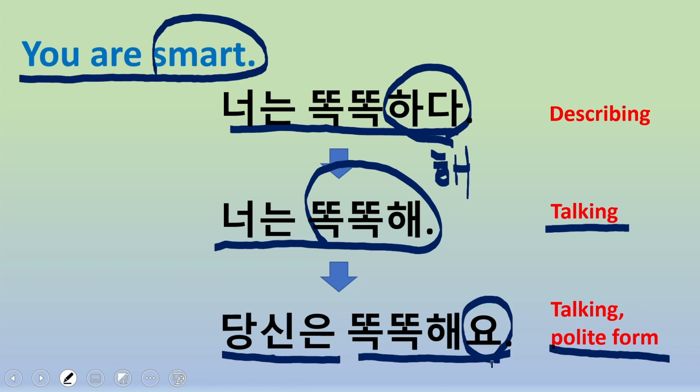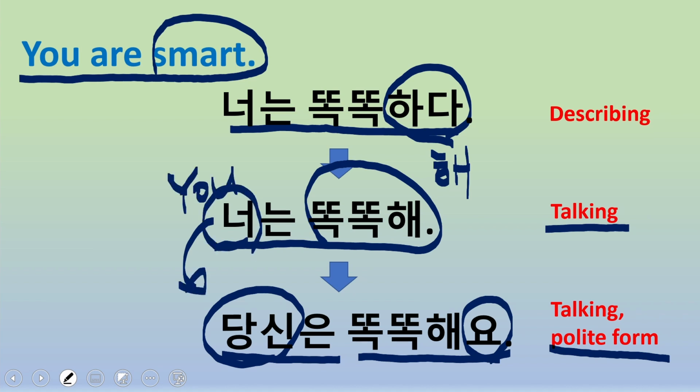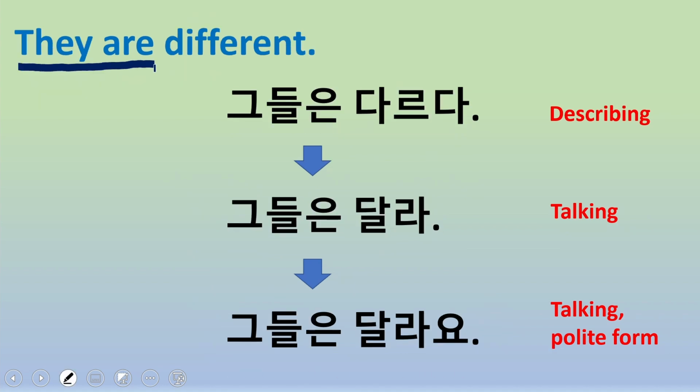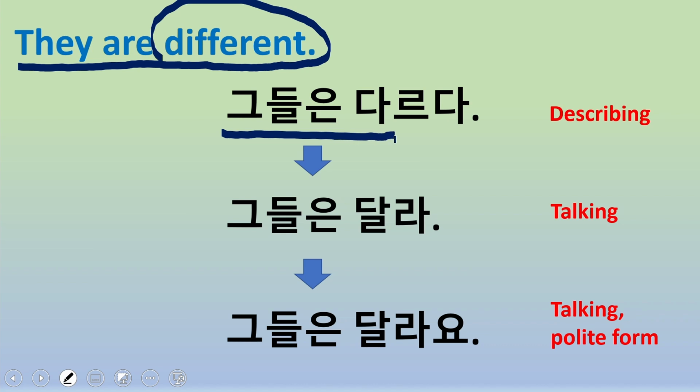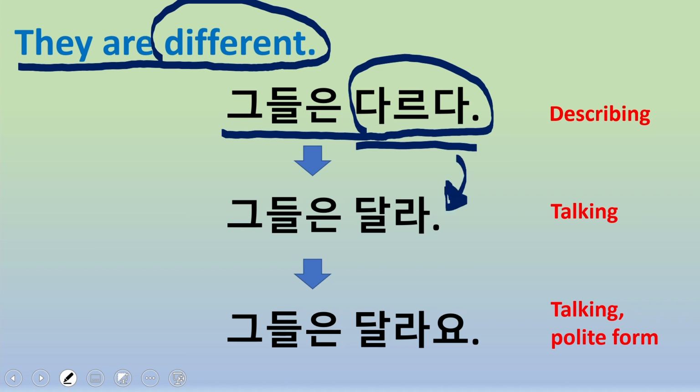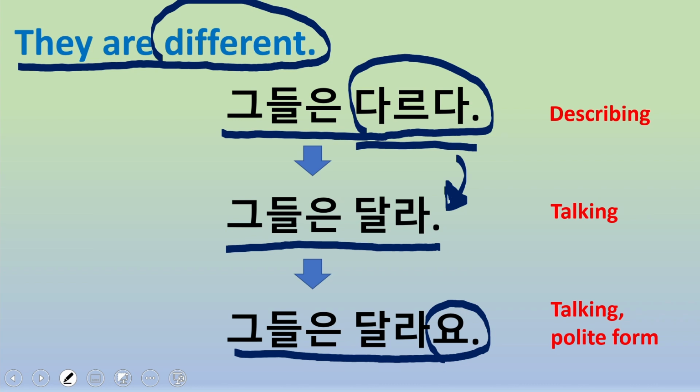Adding 요. 당신 is the polite form of you. You is 너. Change it to 당신. 당신은 똑똑해요. They are different. 그들은 다르다. 다르다 is the base form. In this case, you can change it to 달라. 그들은 달라. 그들은 달라요. It's the polite form.